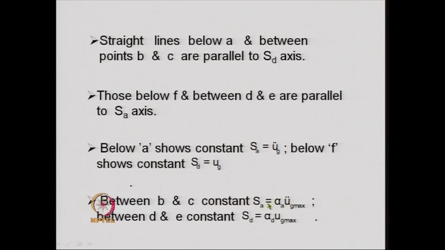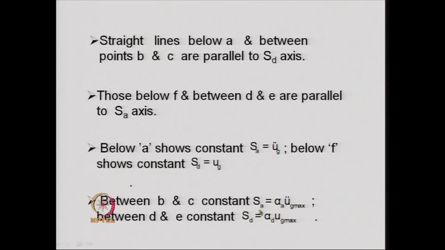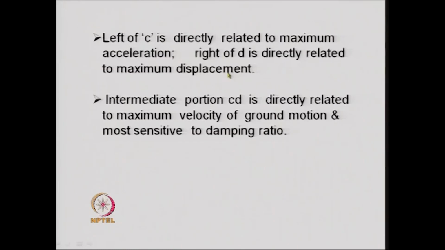The SA in that segment is equal to some multiplication factor alpha A into the maximum ground acceleration, and on the other side the maximum displacement is shown, or the SD is shown, as some multiplication factor multiplied by the maximum ground displacement.